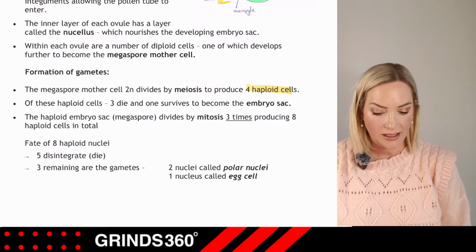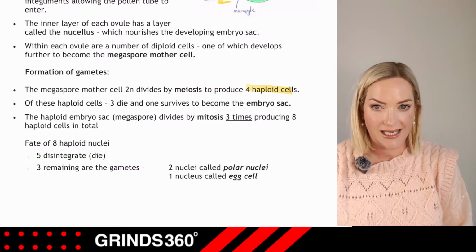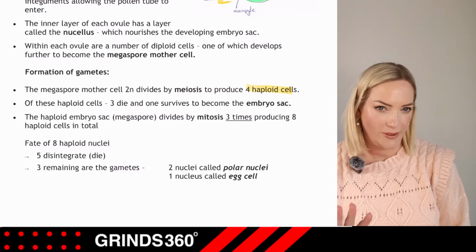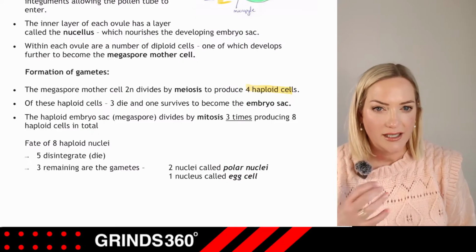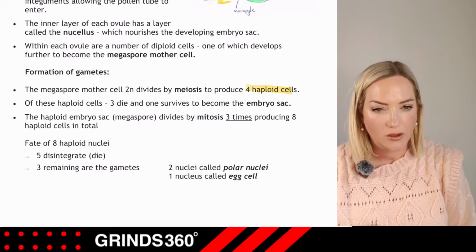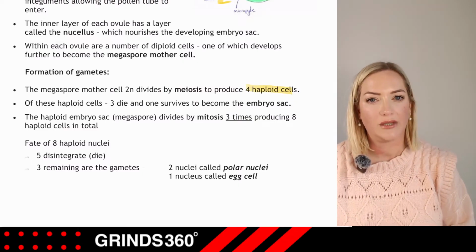Of these 4 haploids, 3 are going to die, or degenerate. And 1, the surviving one left over, is going to become the embryo sac.